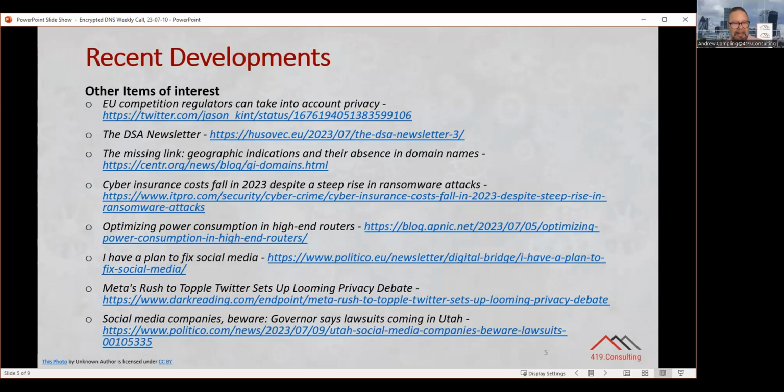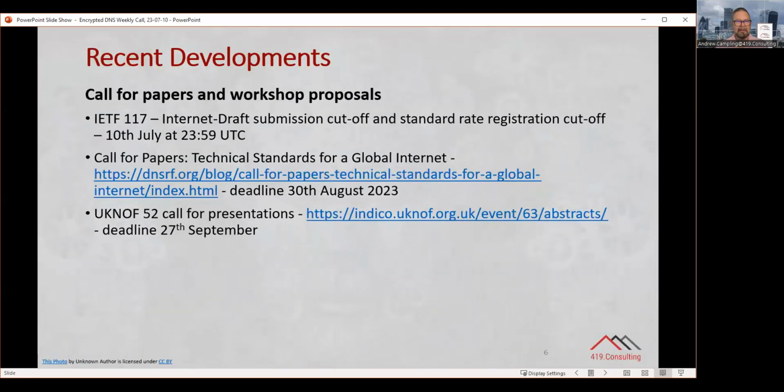And then, of course, there's a whole flurry of stuff around social media, including but not limited to Meta's new Threads application as an alternative to Twitter, possibly, albeit with some criticism around its privacy implications. So quite a few things happening this week, or the last week or so in the news, just to mention.